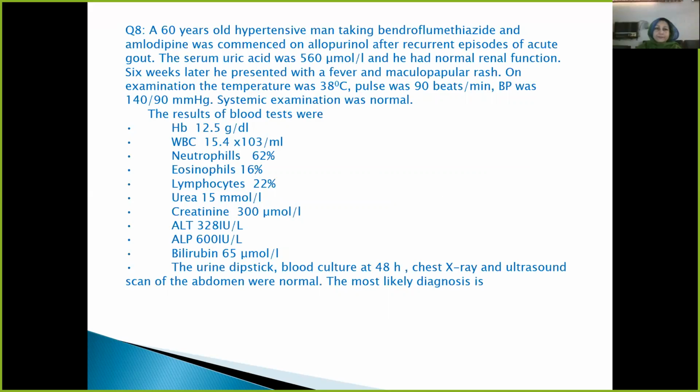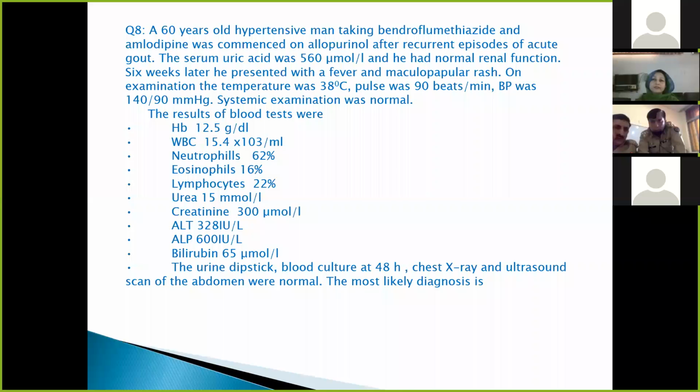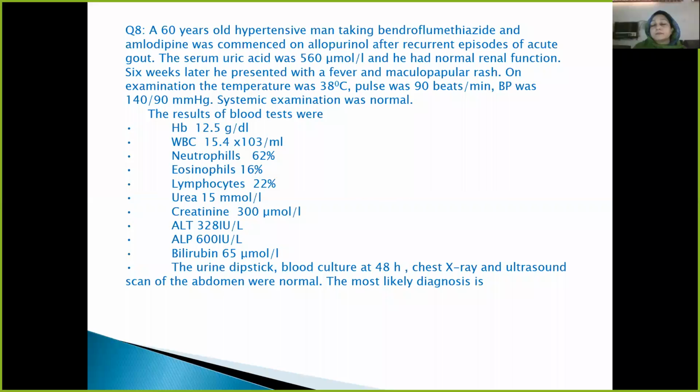A 60-year-old hypertensive man taking benflumethiazide and amlodipine was commenced on allopurinol. Pulse was 90 beats per minute. Blood pressure was 140 by 90. Systemic examination was normal.